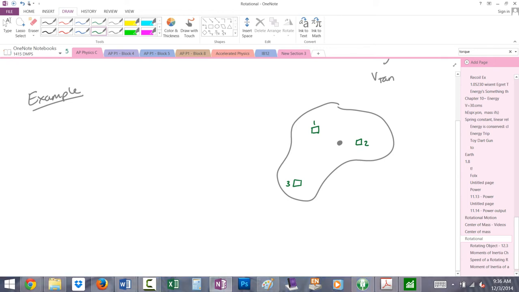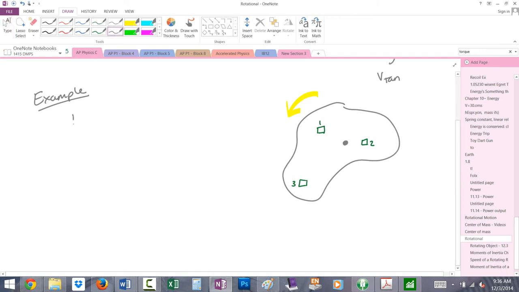And if I want to find the rotational energy, the energy of motion, as this thing spins, let's decide I'm going to make it spin this way, which is counterclockwise, the positive direction. I can find the total kinetic energy by looking at the energy of each piece.